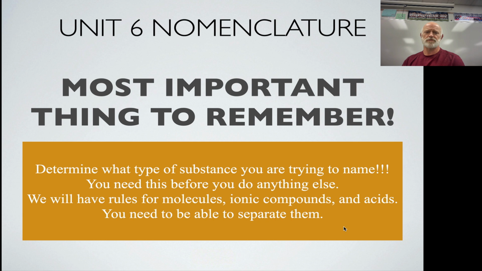This is the absolute most important thing because if you are trying to name an ionic compound and you don't actually have an ionic compound, you have a molecule, there's a different naming rules to it, okay?